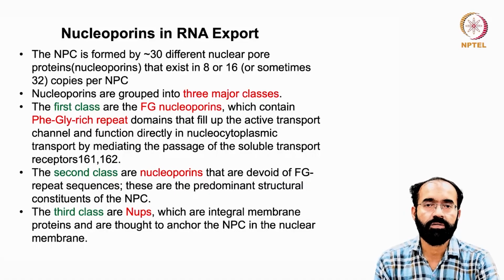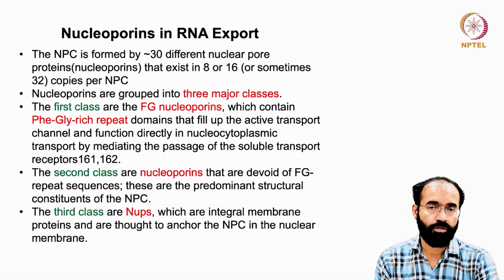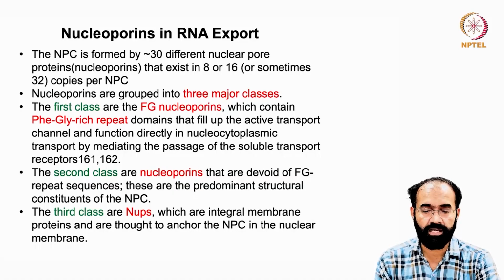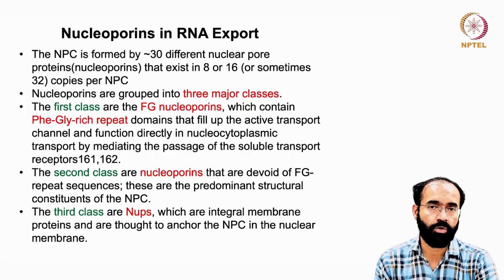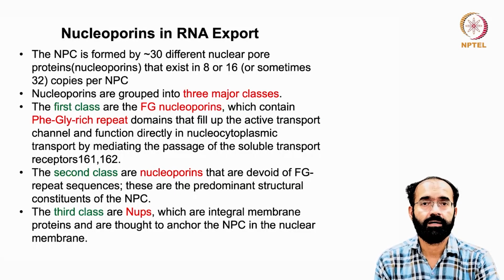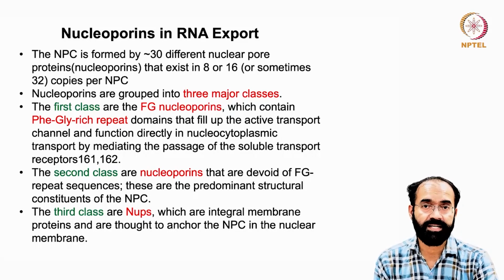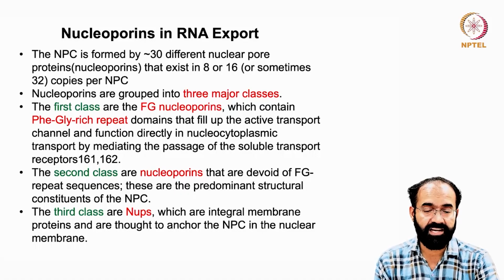Depending upon which cell type's nucleus you are talking about, some tissues, like liver or neuronal tissues, have active transcription going on, so they need more efficient transport. They may have more proteins associated.